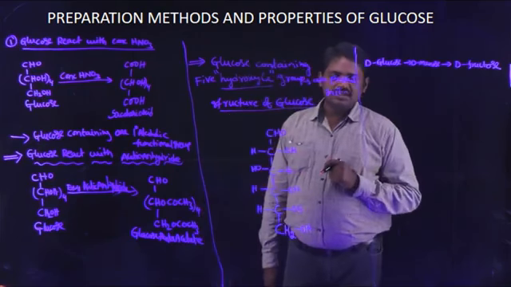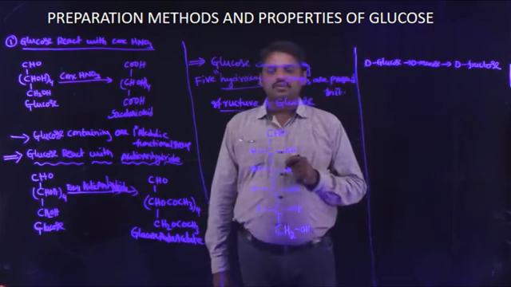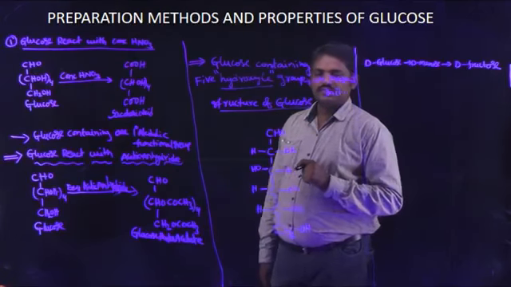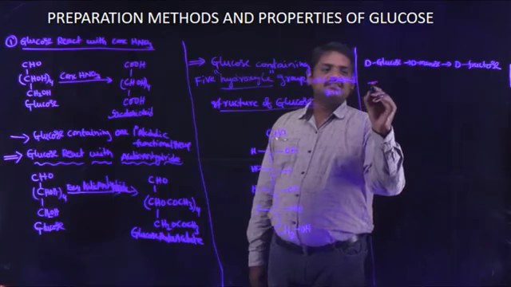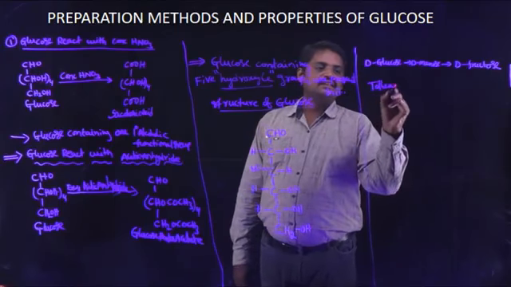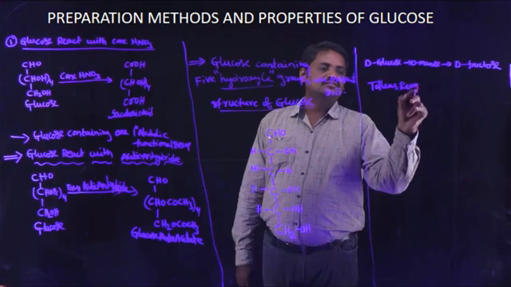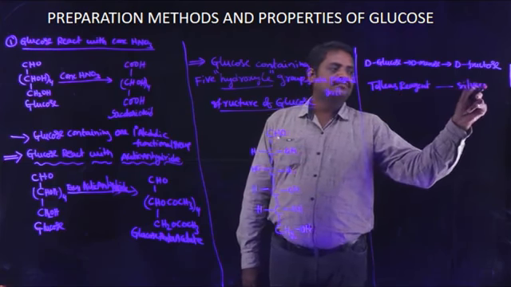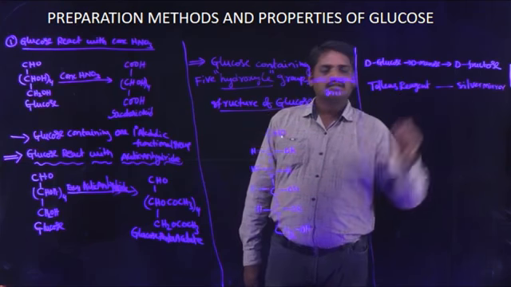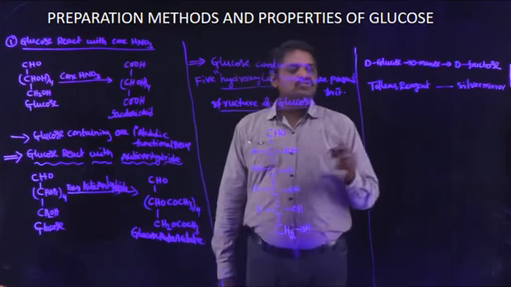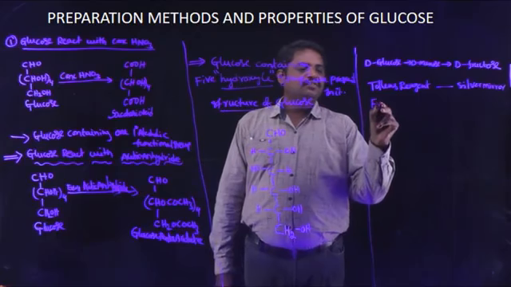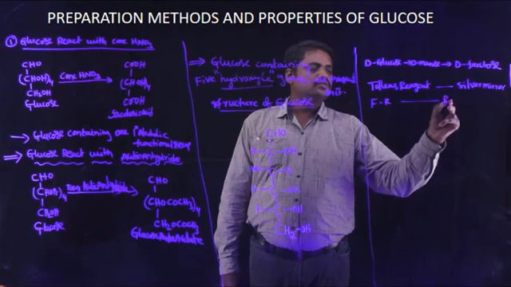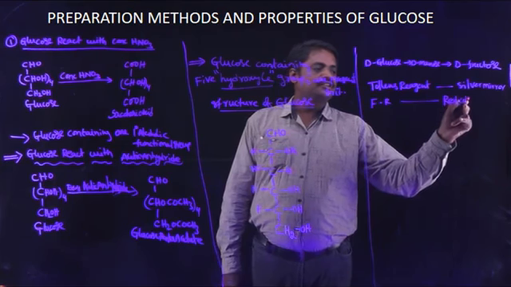Why? What is the reason? For example, glucose reacts with Tollens reagent. It produces a silver mirror. And also glucose reacts with Fehling's reagent. It produces a red color precipitate.